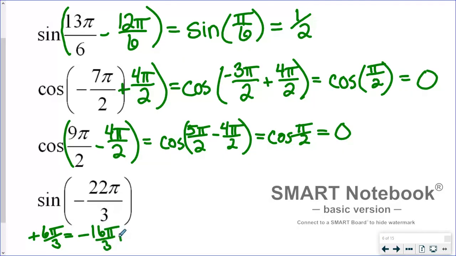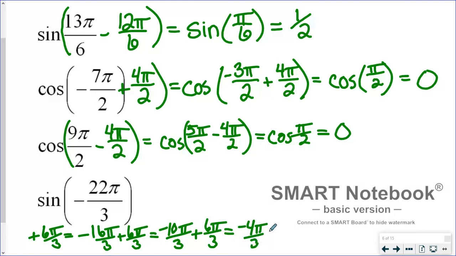Still not big enough, so add 6 pi over 3. Negative 10 pi over 3. Still negative, so not on our unit circle. Add 6 pi over 3. We get negative 4 pi over 3. Still negative. Do it again, and we finally get to 2 pi over 3.